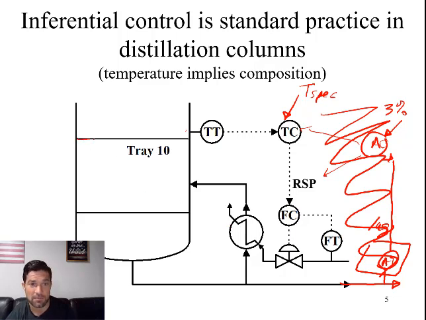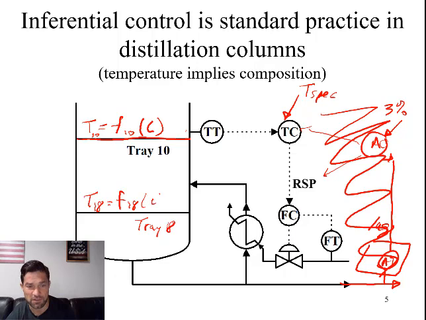So the temperature as a function of composition. So T is, let's just say, F10 for tray 10 as a function of composition for this column. So T of tray 10, and let's call this tray 18. So the temperature of tray 18 is now a different function of composition.